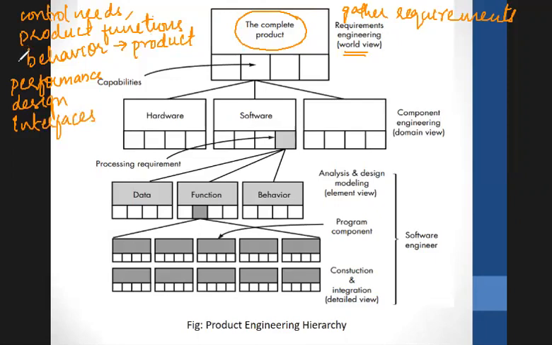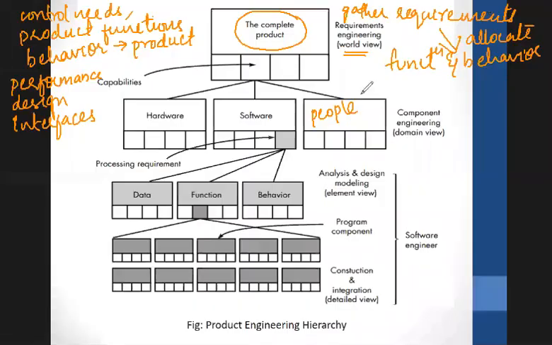Once you know all of these requirements, the job of requirement engineering is to allocate different functions and behavior to the four components that we studied earlier: hardware, software, the people, and the database or data.